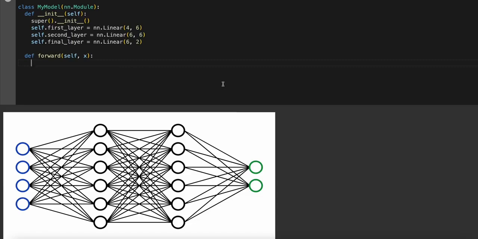So we might say something like first_layer_output equals self.first_layer, and we're calling the forward method from that instance of a Linear class, which is a subclass of nn.Module. So we will pass in x. However, something to make the syntax more concise in PyTorch is that the following also works to call the forward method.